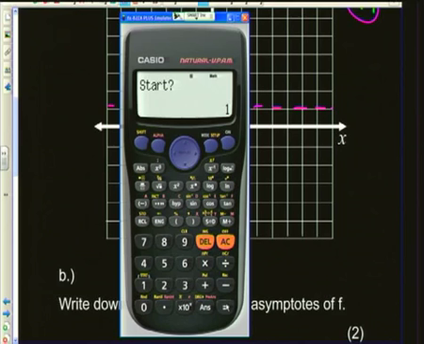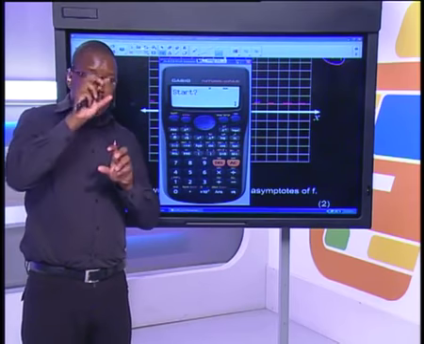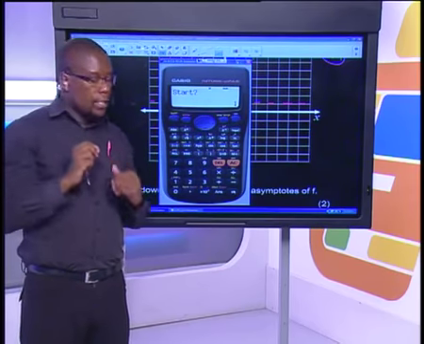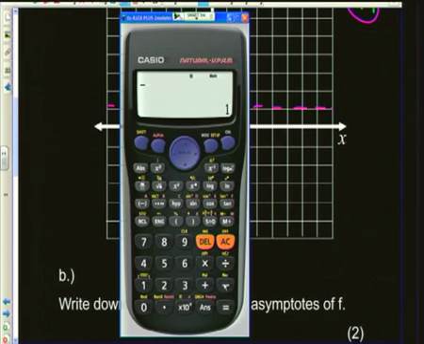You can start maybe at minus 10 or minus 6, as long as you can see all your x and y values. So if I start at minus 5, end at maybe 5, and then step is 1.